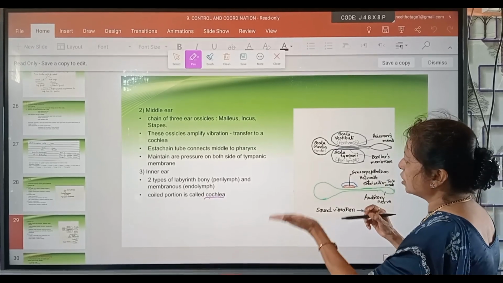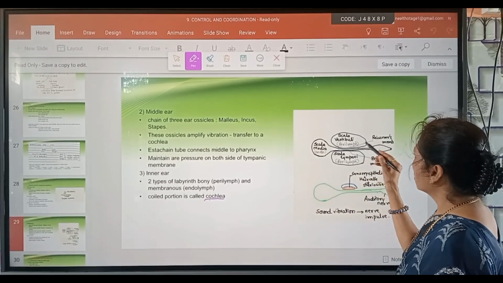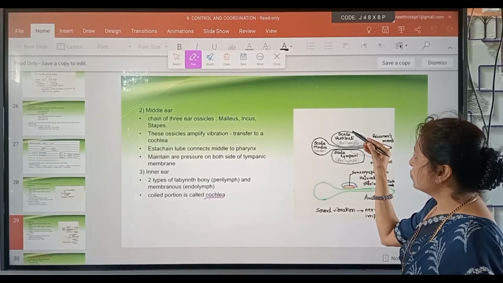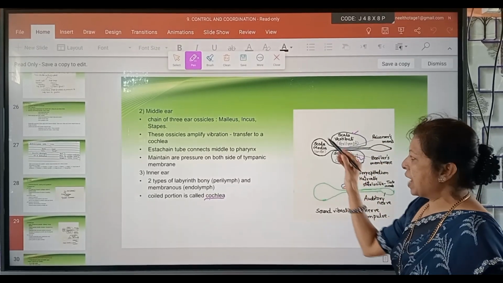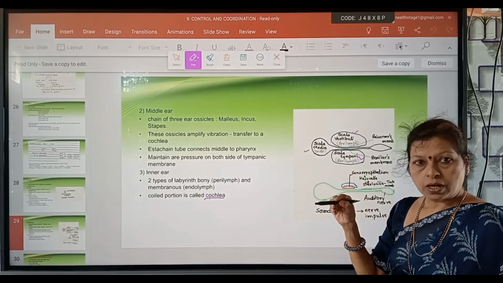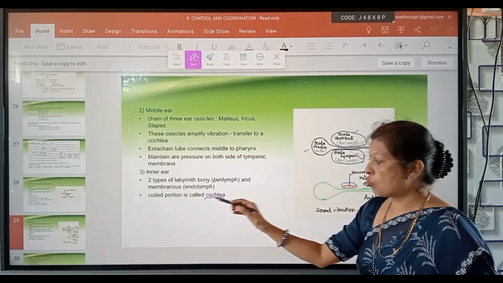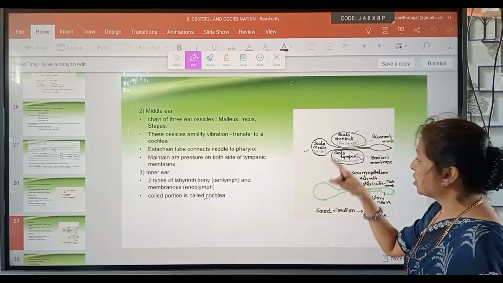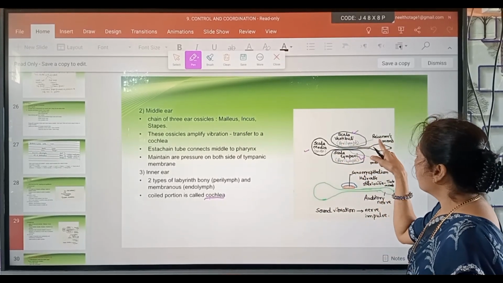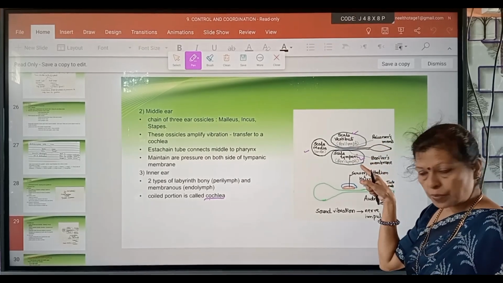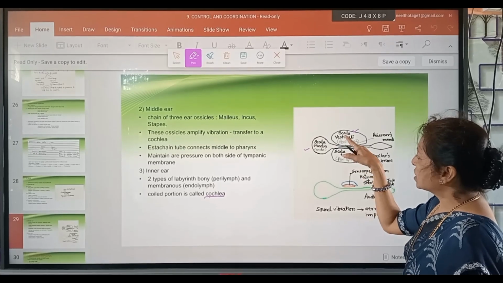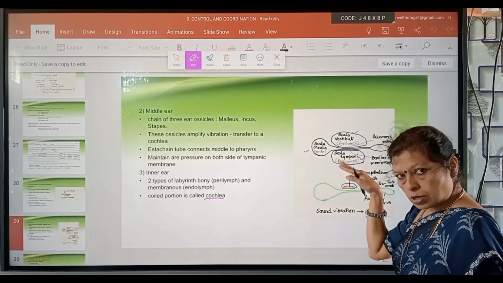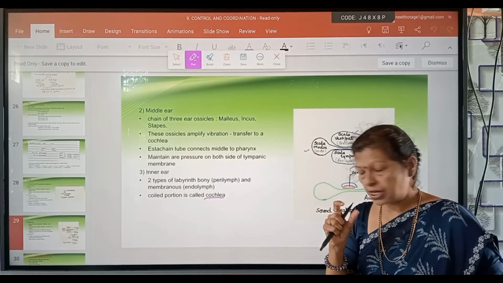It is divided into three parts by Reissner's membrane and the basilar membrane: the scala vestibuli towards the vestibule, the scala tympani towards the lower side, and the scala media in the center.